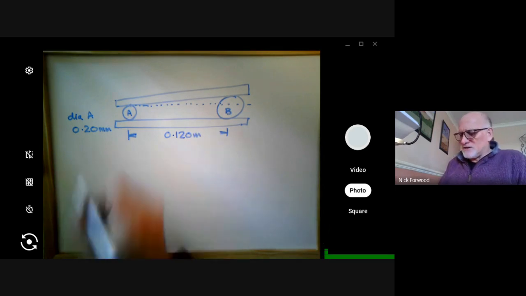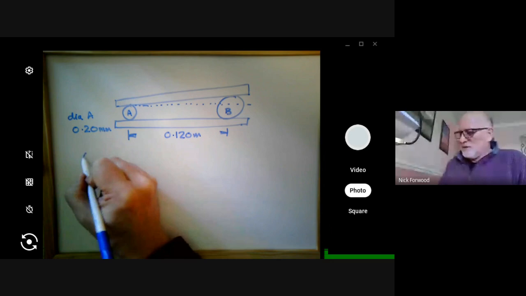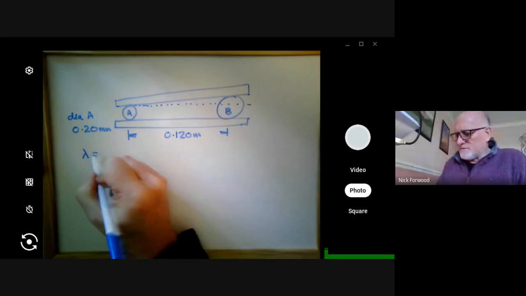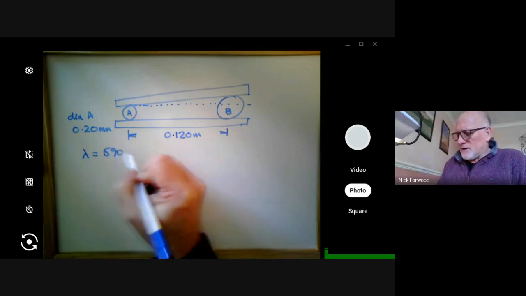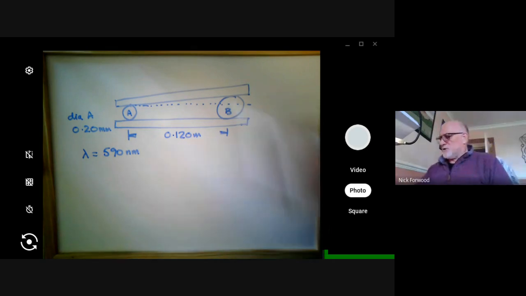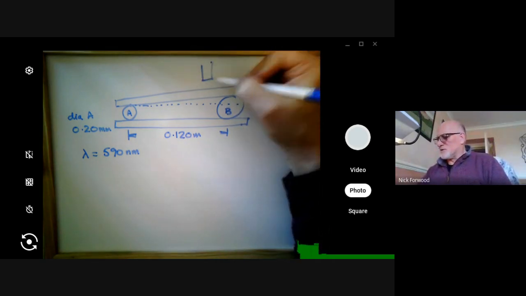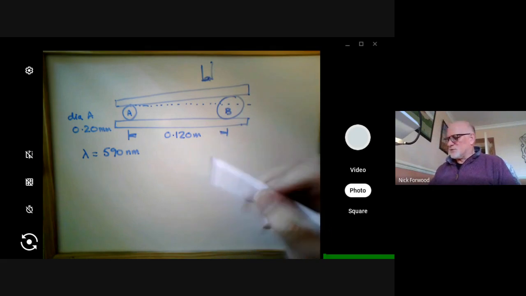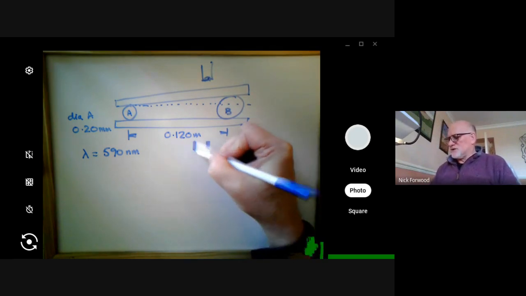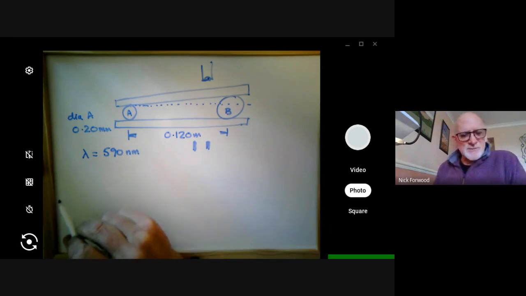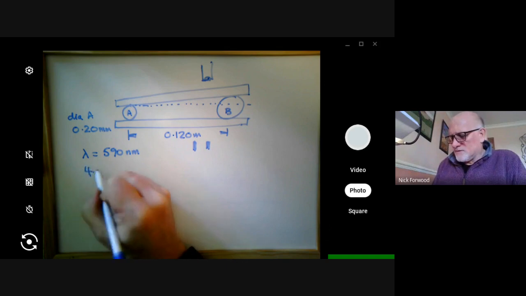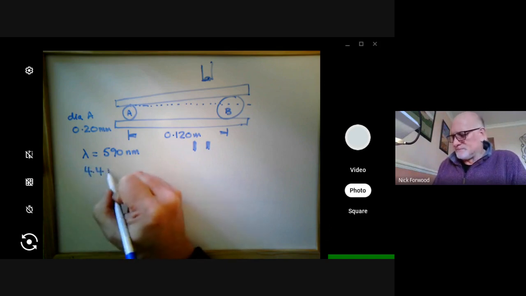We need some light, and we're going to illuminate the whole wedge system with some light of wavelength 590 nanometers. It's monochromatic light, and you're going to put your traveling microscope up here. You're going to have a look through the traveling microscope, and you'll notice that you see some fringes, and the fringes are found to have a separation of 4.4 millimeters.